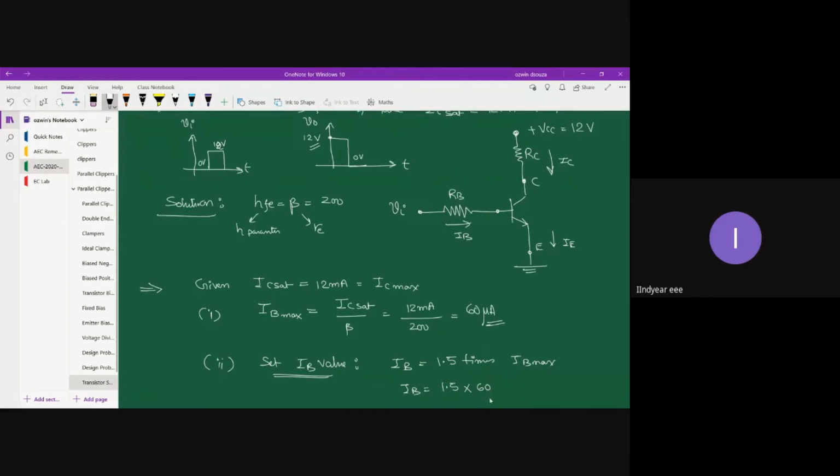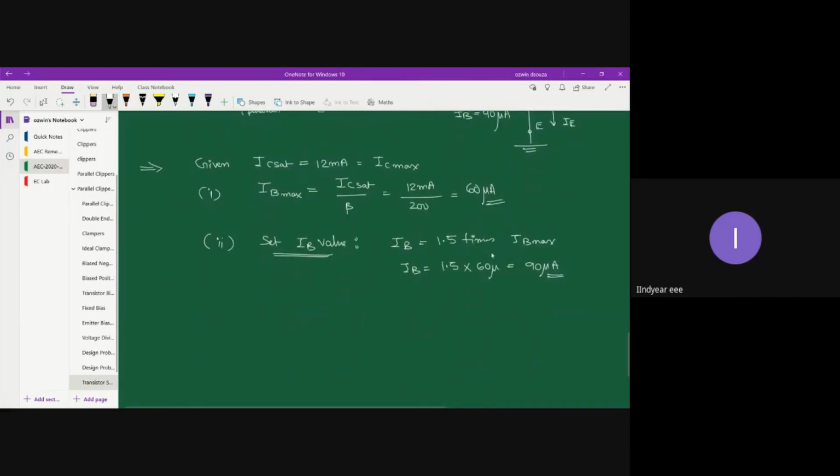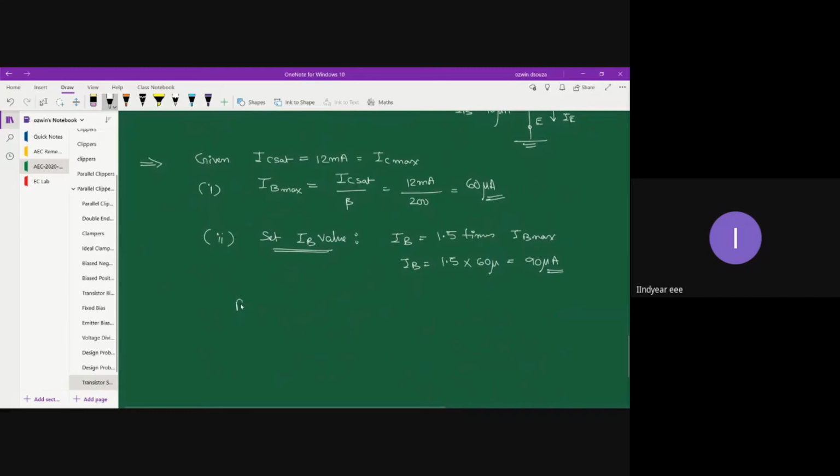That is 60 micro, so that is 90 microamperes. What you are trying to do is circulate 90 microamperes of current through the base terminal by appropriately selecting the RB value. So we can find the RB value.